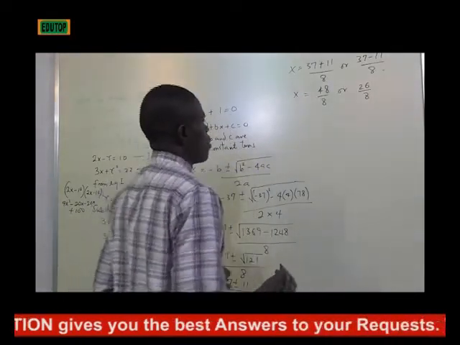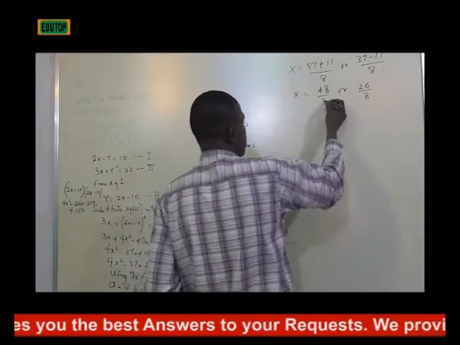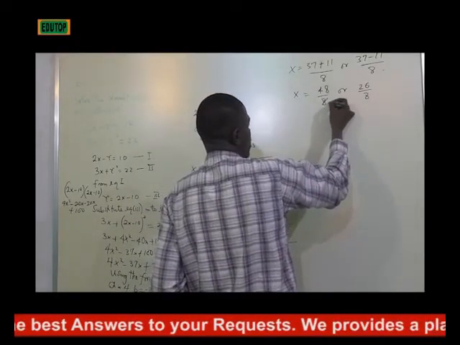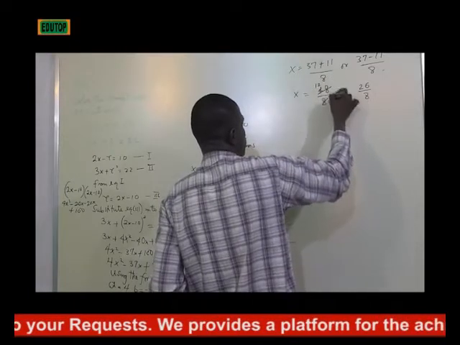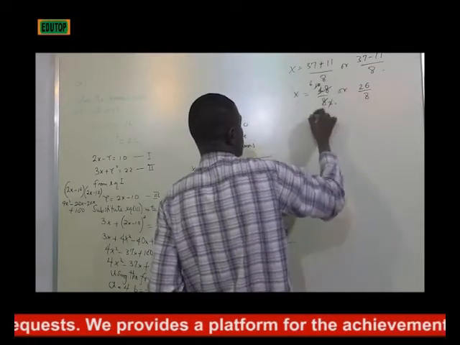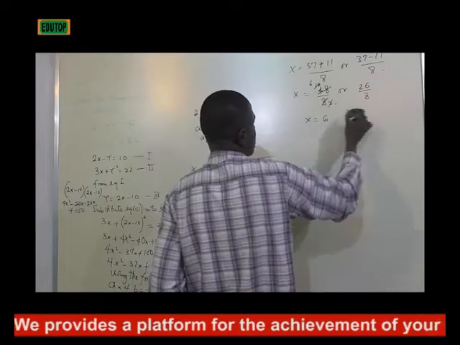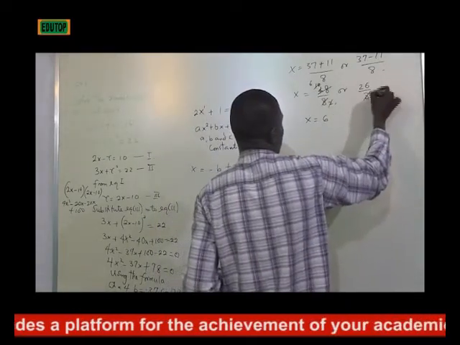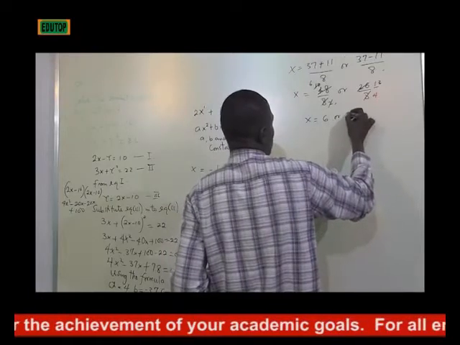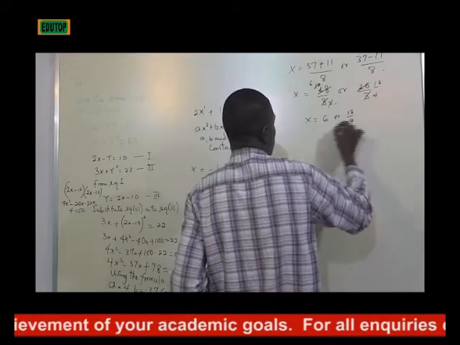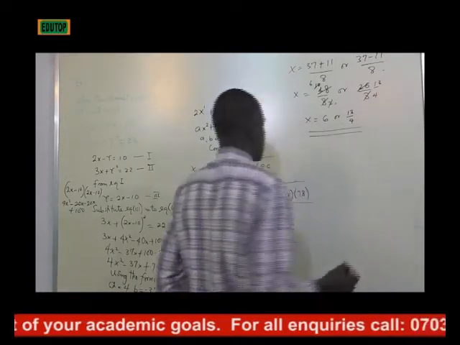So 4 into 12, 2 into 1, 2 into 6. So x equals 6, or 2 into 4, 2 into 13. So or 13 over 4. So these are the two values of my x.